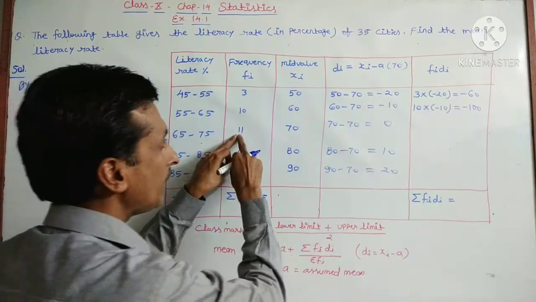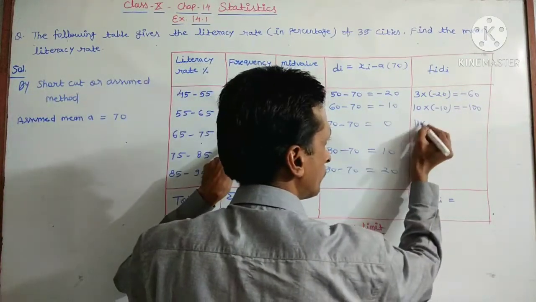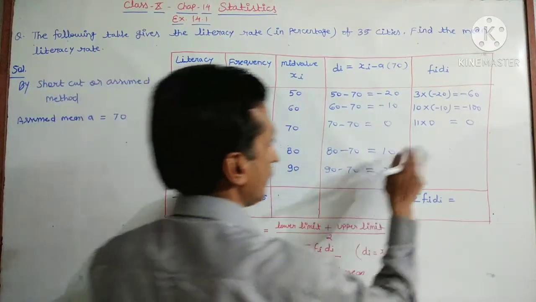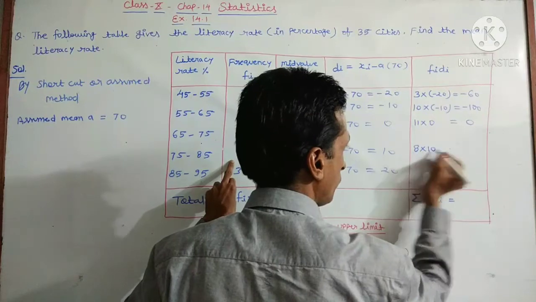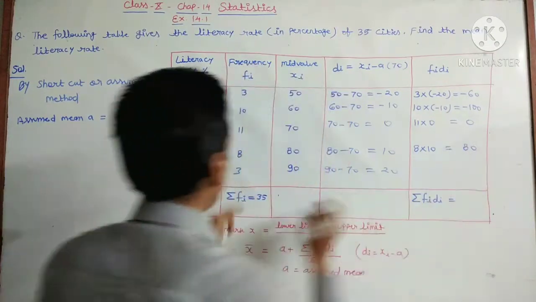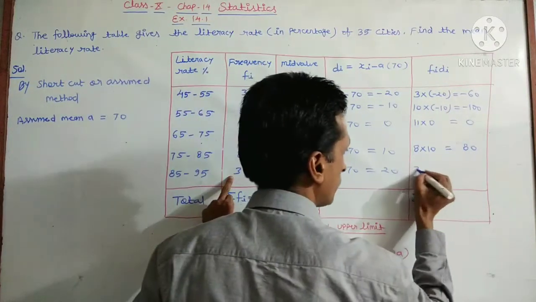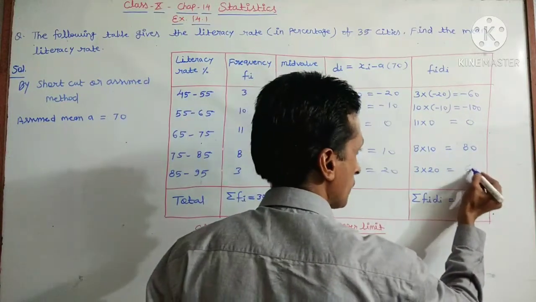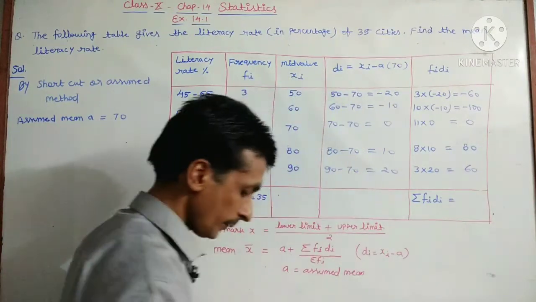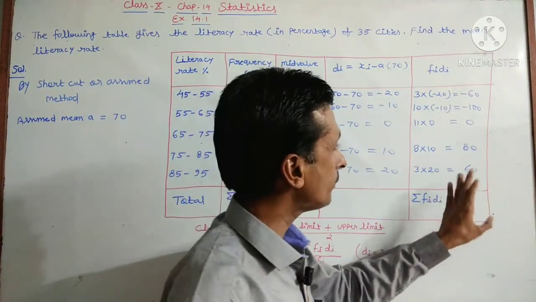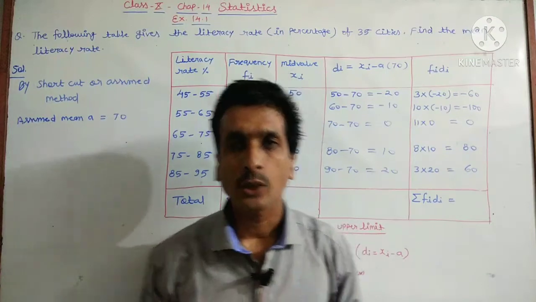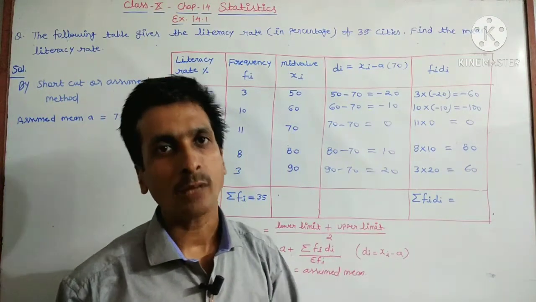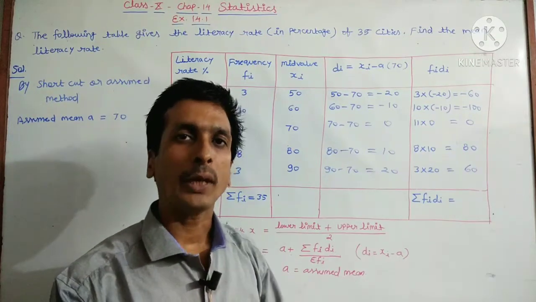And next, 11 into 0 is 0, and 8 into 10 is 80, and 3 into 20 is 60. Okay, in this table there are two types of values, negative values and positive values. So what will we do? Add the negative values and add the positive values, and after that you can subtract.